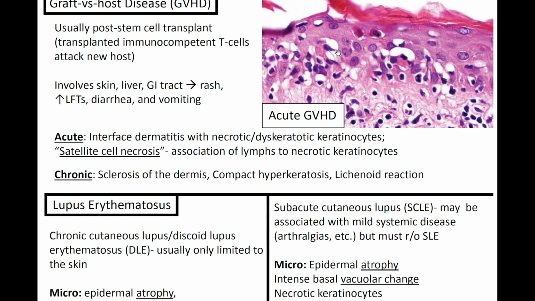At least that's what stands out to me. So acutely, you're going to have an interface dermatitis with necrotic or dyskeratotic keratinocytes, in which you can appreciate here some dyskeratotic and necrotic keratinocytes. Satellite cell necrosis has an association of lymphs to necrotic keratinocytes. And then chronically, for GVHD, you're going to see sclerosis of the dermis, compact hyperkeratosis, and a lichenoid reaction.